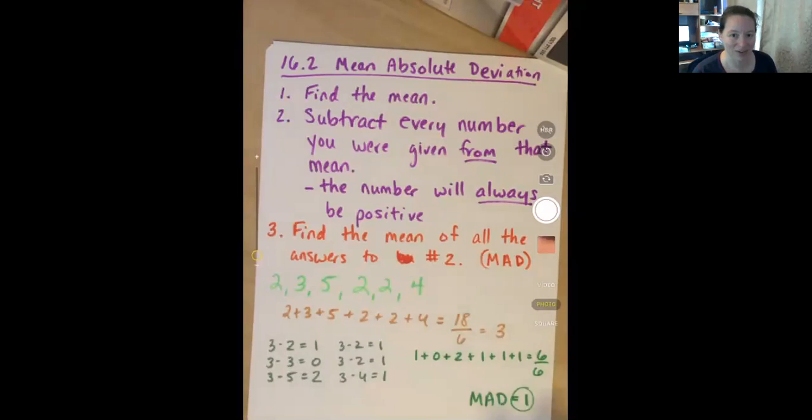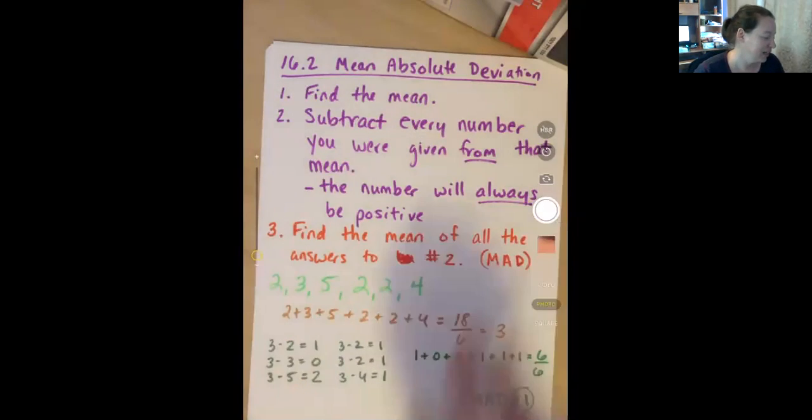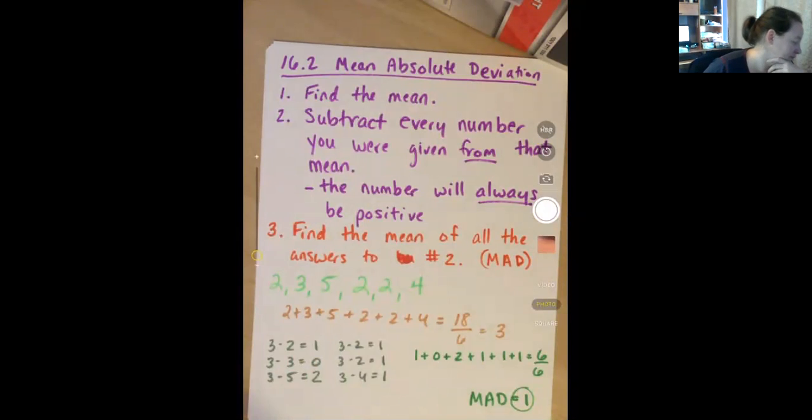Okay, so now that we know what our mean of absolute deviation is, let's talk about using it. Actually, give me a second, because that might be all that we need to get from this particular section.